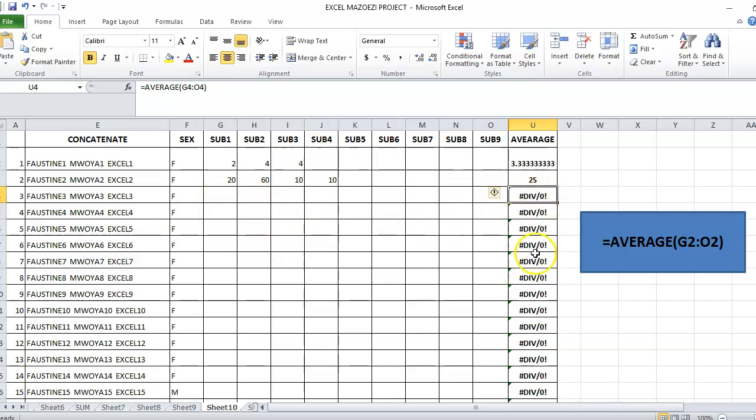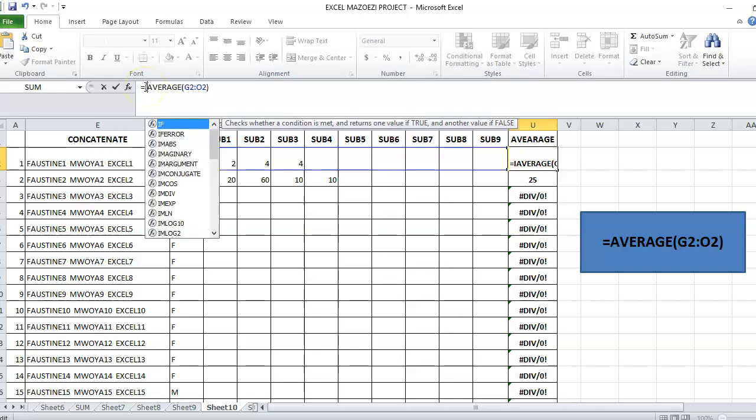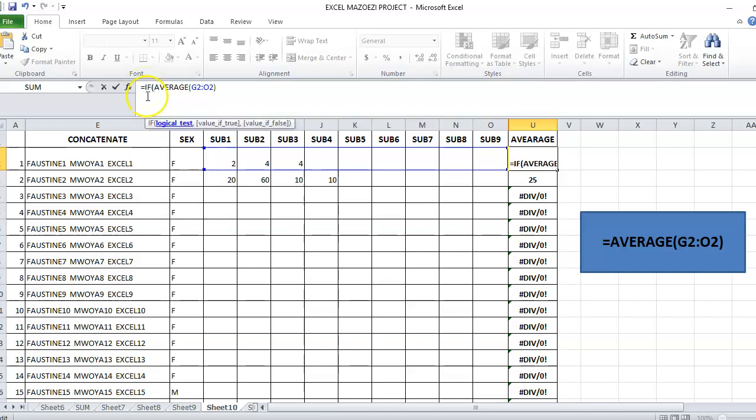So in order to remove this, you can add an IF condition in the average formula, that if this cell, and this cell, and this cell, and this one, this.